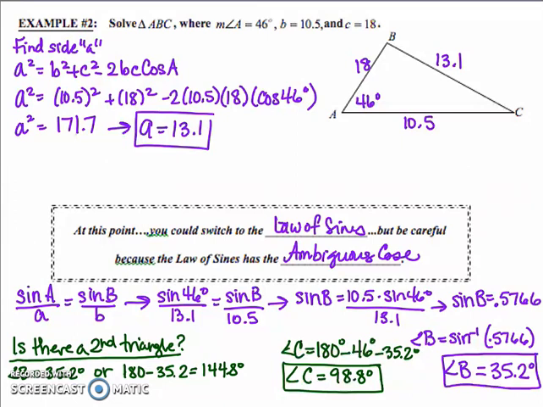So if angle A was 46 degrees plus this alternate angle B, we'll call it angle B prime, is 144.8 degrees, then that already totals 190.8 degrees. Okay, so there's no room left for an alternate angle C here, which tells us that no, there is not going to be a second triangle in this situation.